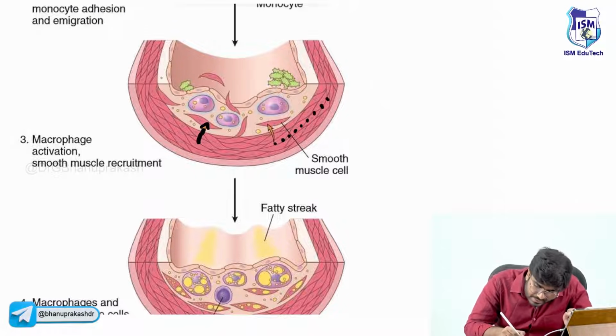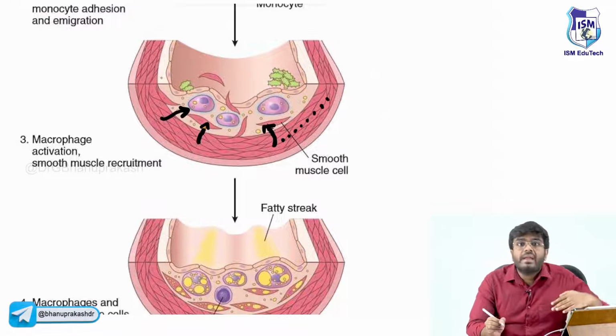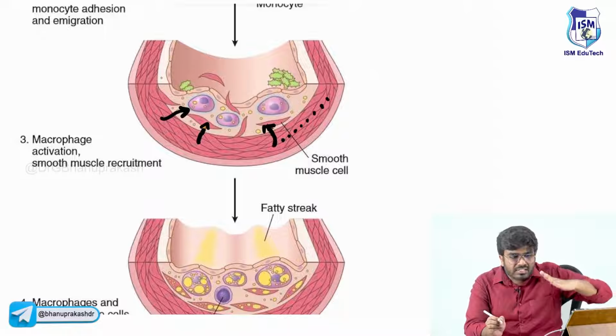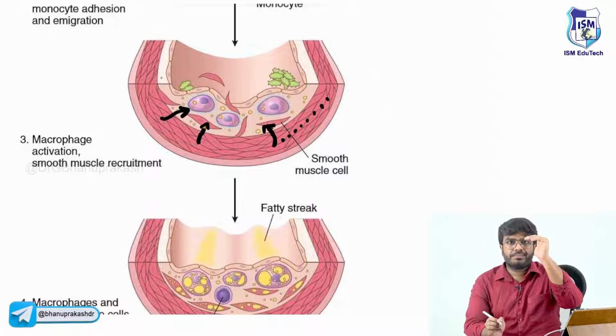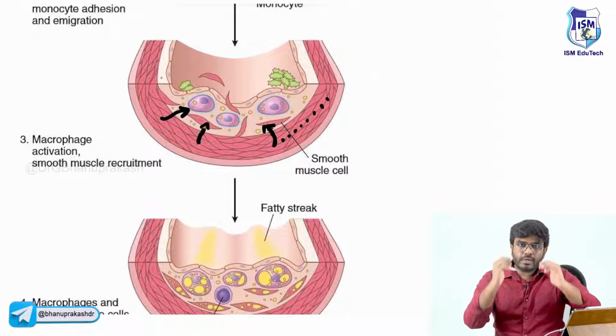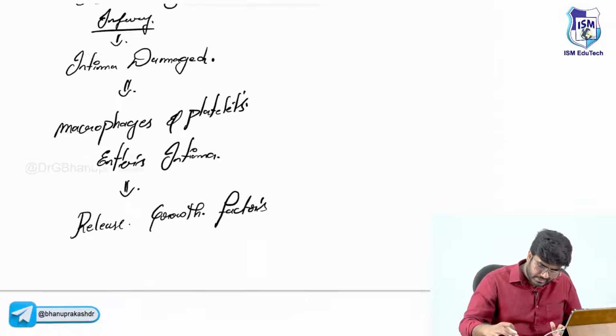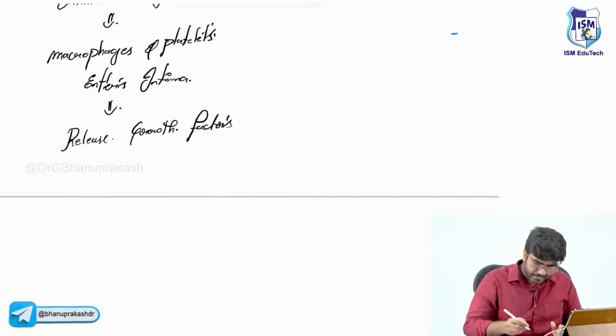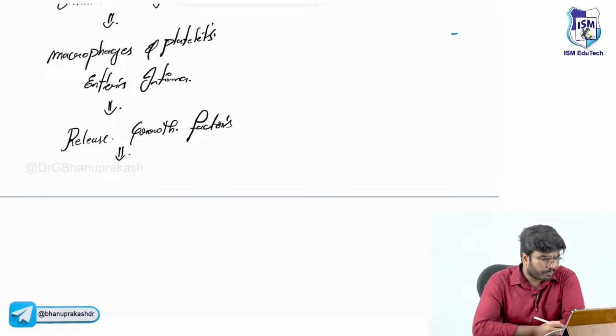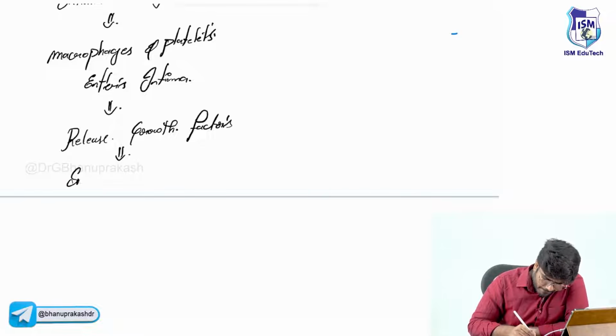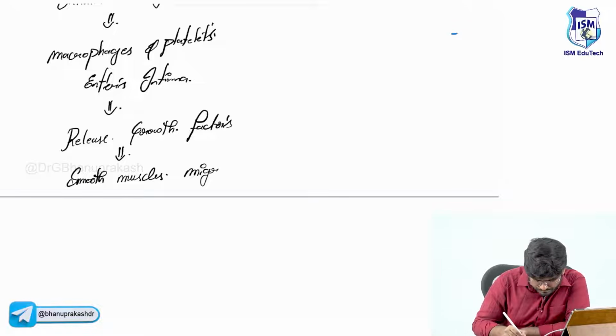The smooth muscle cells will start to enter into the intima. Now the smooth muscles are entering into the intimal layer. Let's write that: release of the growth factors, smooth muscles migrate into intima.